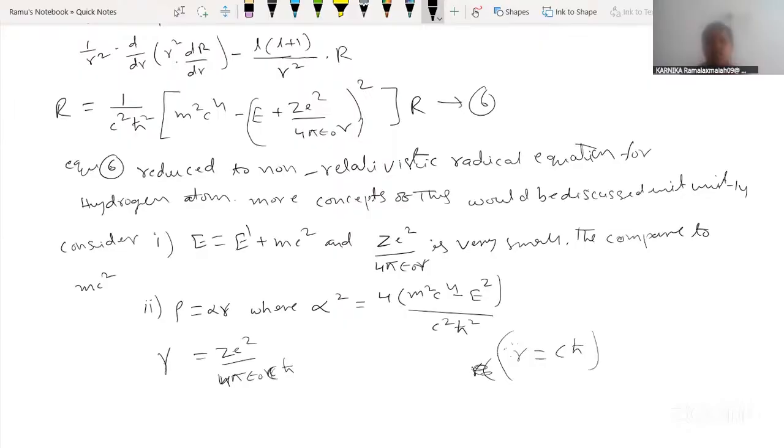So here lambda is equal to 2E gamma by c h cut alpha. Okay.